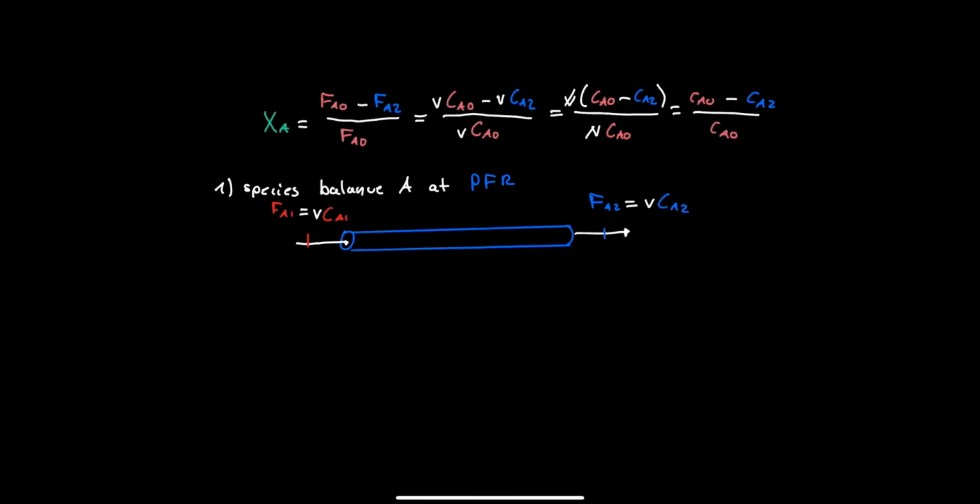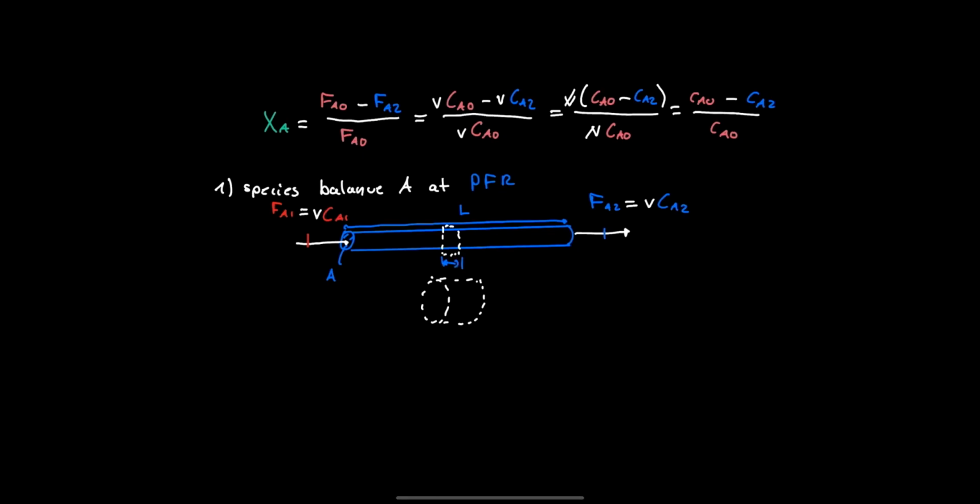So for a plug flow reactor, we have a given length L. Here we have our cross-section area A. And for a species balance of a PFR, our approach consists in cutting a segment. Here we have the segment with more details.